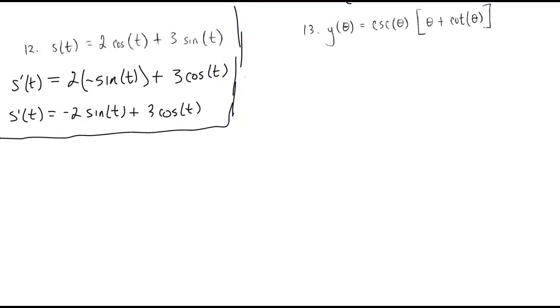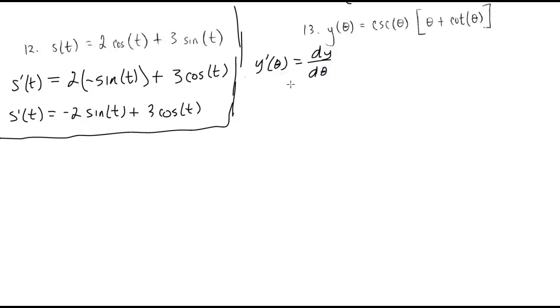All right, so for our last example here, we see that we have cosecant theta multiplied times theta plus cotangent theta. I know I haven't been writing it here because we've been doing prime notation, but note that whenever I say the derivative of y with respect to theta, that actually means this.